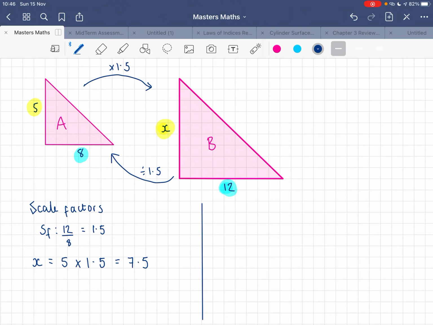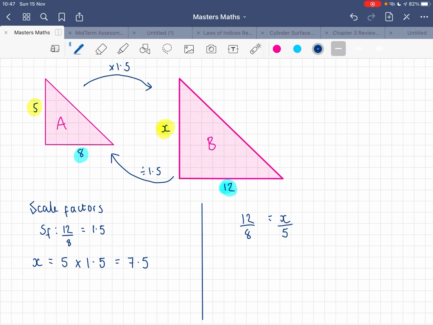So we knew if we do 12 divided by 8, you get the scale factor. But going back to the beginning, if we take whatever x is and divide that by 5, we know we should get the same answer as if we do 12 divided by 8. So then we need to rearrange it and solve to find what x is.